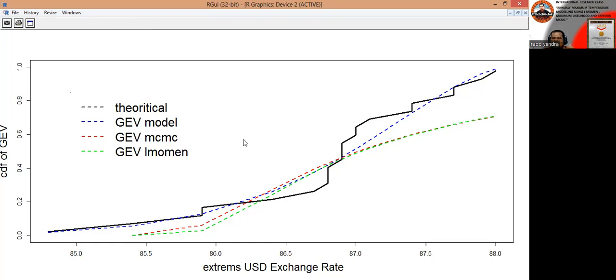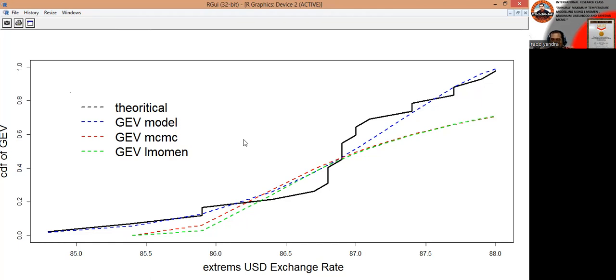So it means from the density plot and the cumulative distribution function plots, we can conclude that the GEV by using maximum likelihood is the best method. When you check some research articles, they have the same conclusion as us.